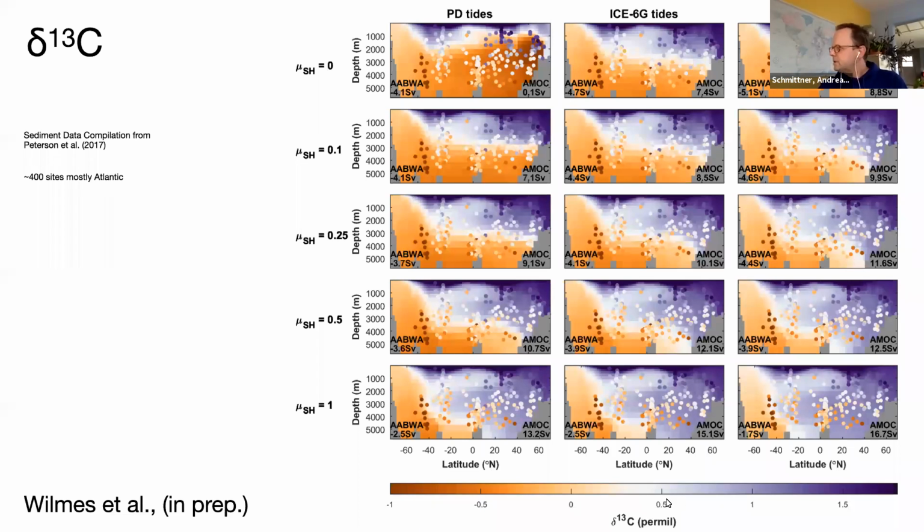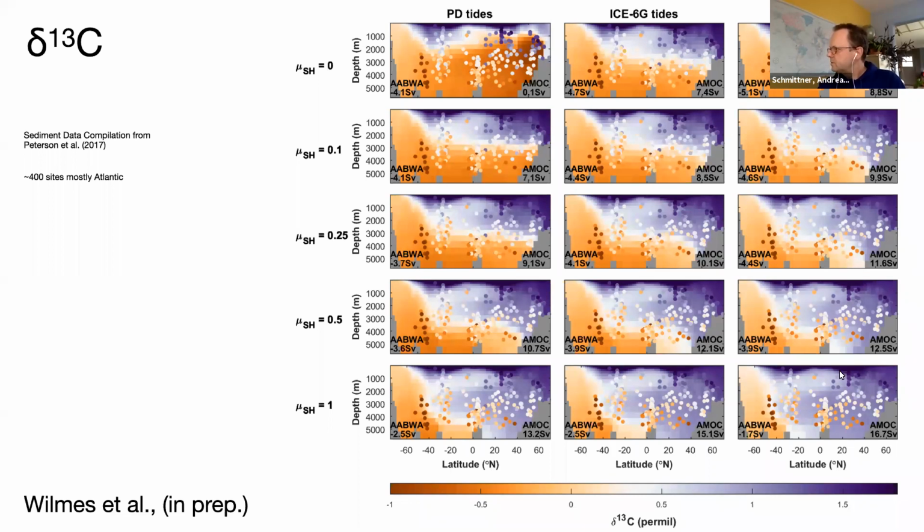For the C13, higher values are in purple, and lower values are in brown. And you can see also that now a deep and strong AMOC has these high C13 values in the North Atlantic, because those are coming from the surface. Surface C13 is high, and North Atlantic deep water advects those into the interior.